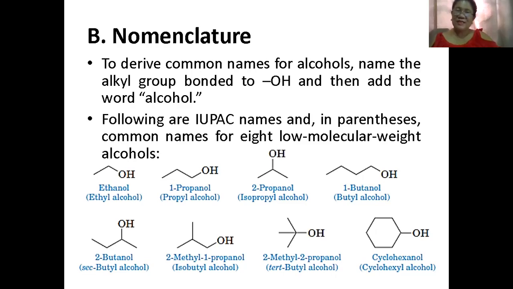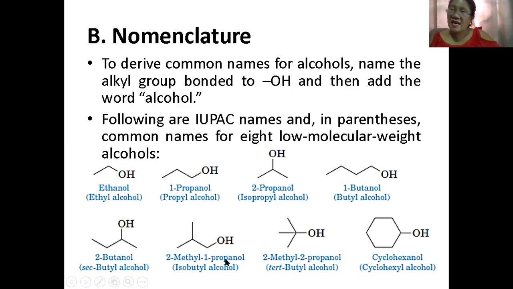The sec-butyl alcohol. Then we have here the isobutyl alcohol. Where can we find the OH? It is on carbon 1, but there is a substituent at carbon 2. Let us first get the parent: 1, 2, 3, so it is propane.